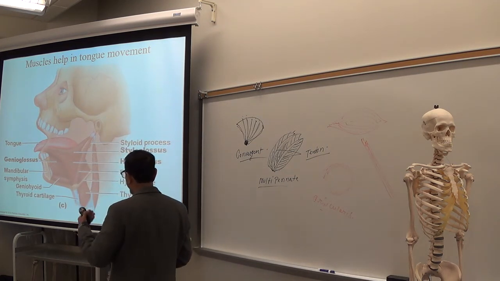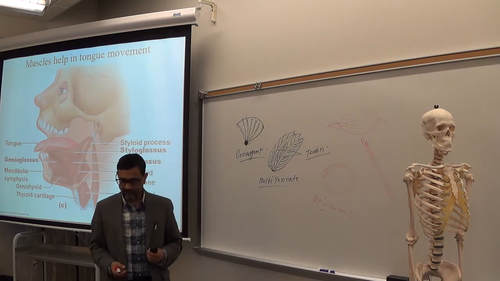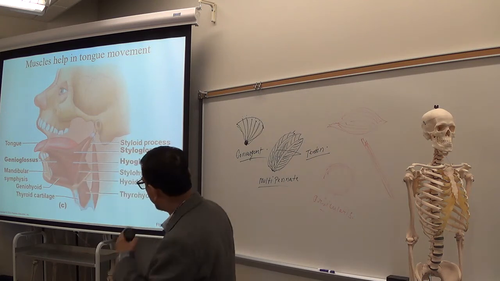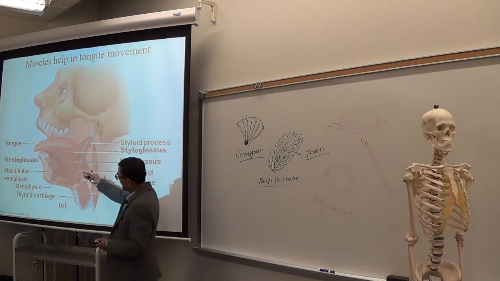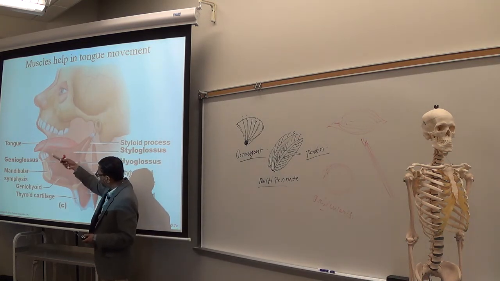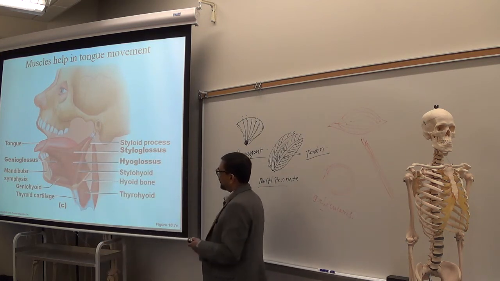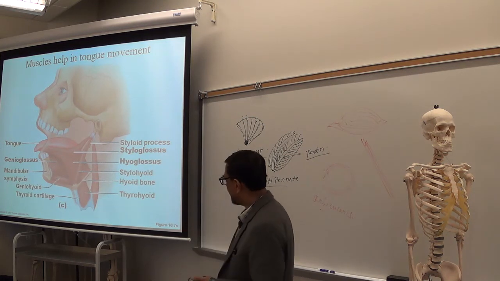I may ask you in the exam which one is helping in the movement of the tongue. If you see glossus at the end, definitely that. They go from different directions and get attached to the tongue. So that's why you can move the tongue in many different directions. Very interesting organ of the body.